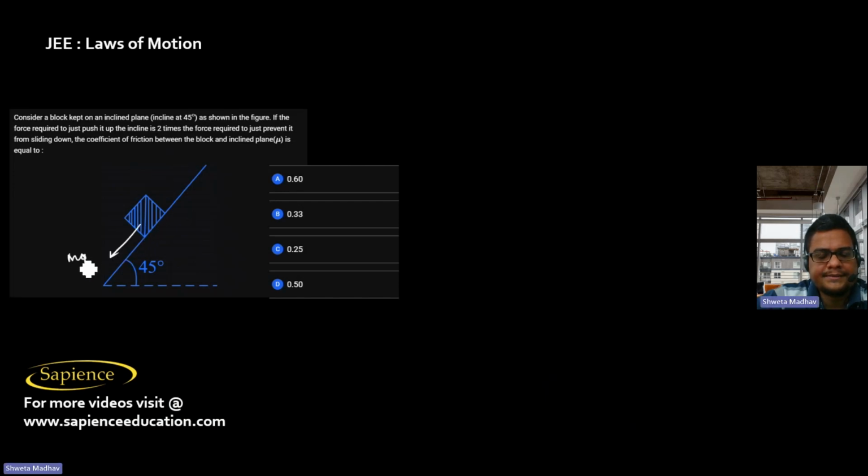So here mg is acting downwards, so mg cos theta is acting normal to the incline. Here theta equals 45 degrees, and this is mg sin theta.